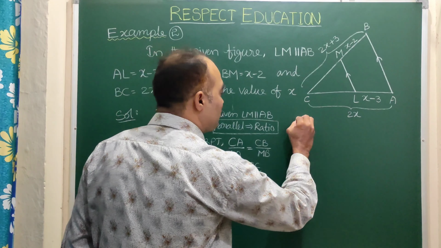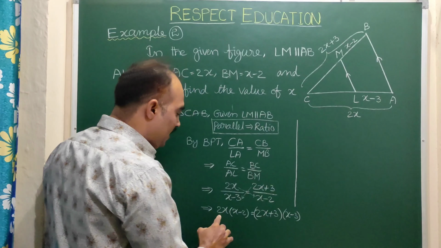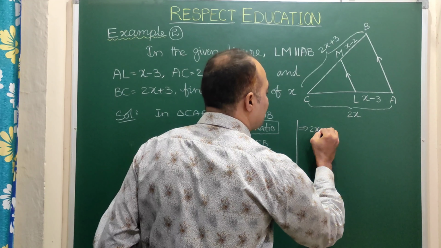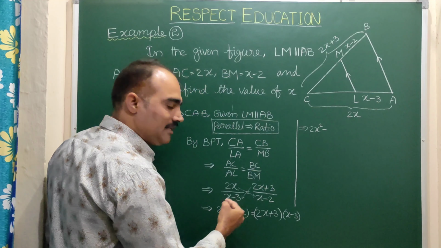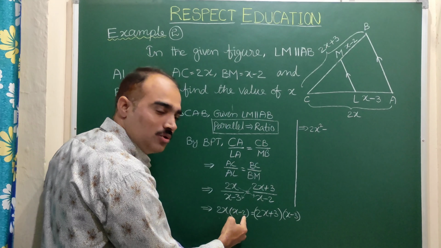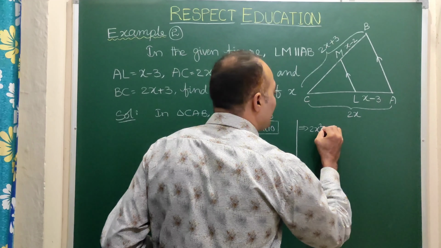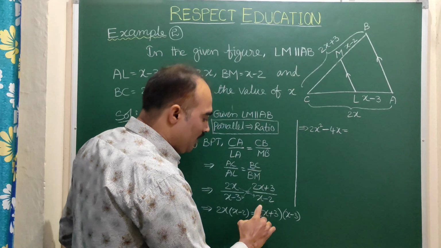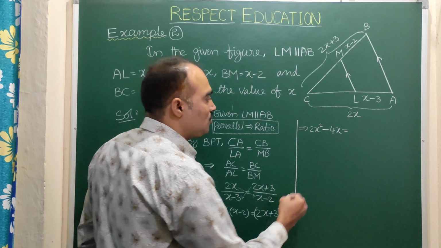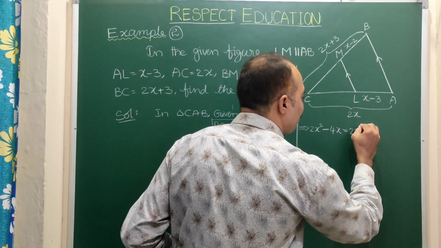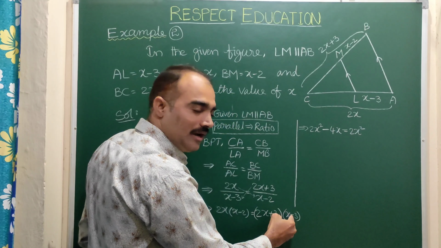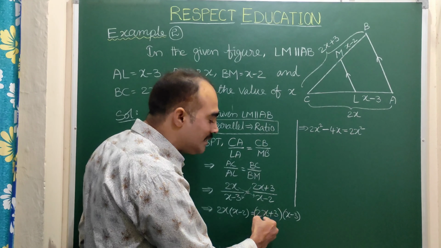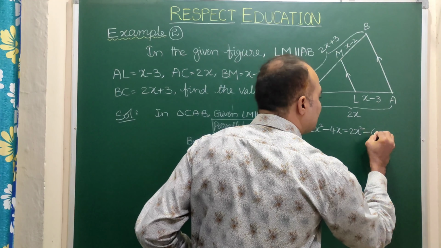Now here we continue the problem. 2x into x is 2x square. Then minus, plus and minus the minus. 2x into 2, 2 2s are 4, so it is minus 4x, equal to 2x into x is 2x square. Plus into minus is minus, 2x into 3 is 6x, so minus 6x.